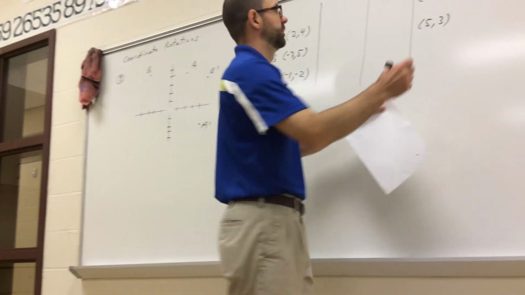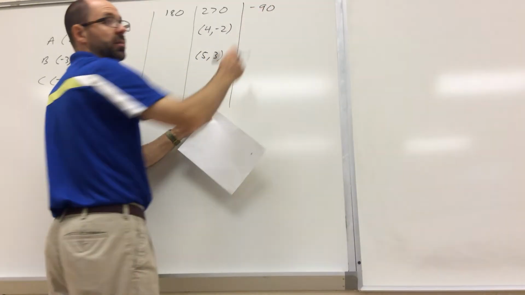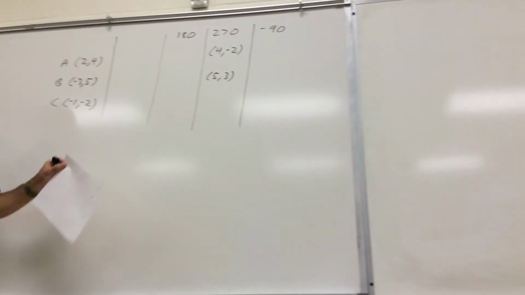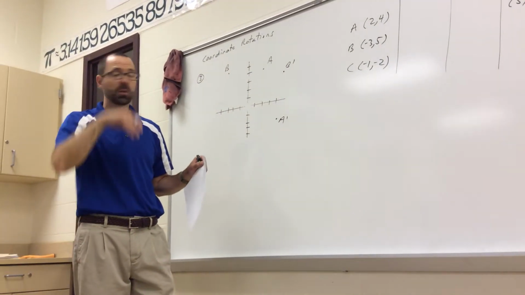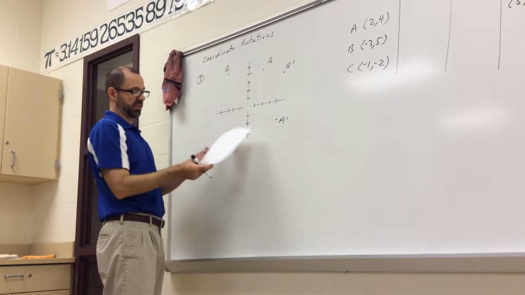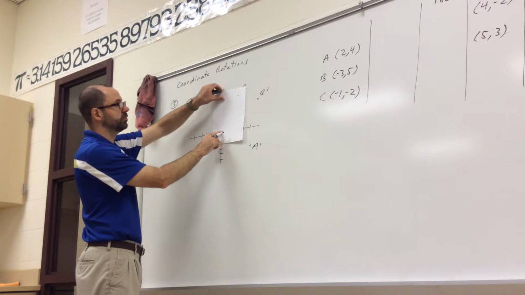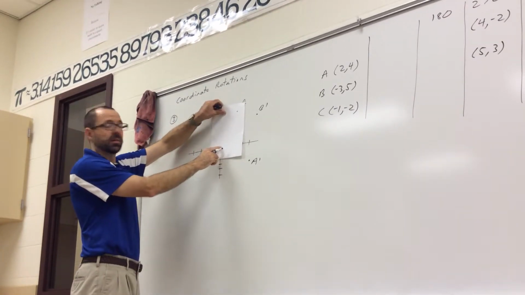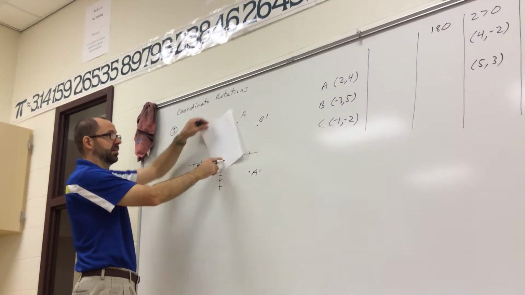Okay, last one. Now we're going to do -90. So this is our first negative. Okay, so let's start with A. So back to A. Positive is this way.